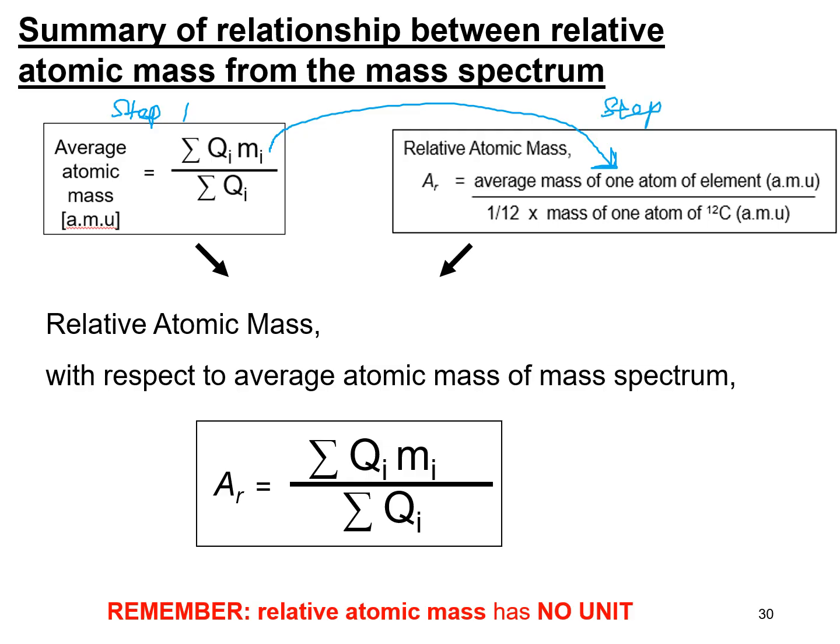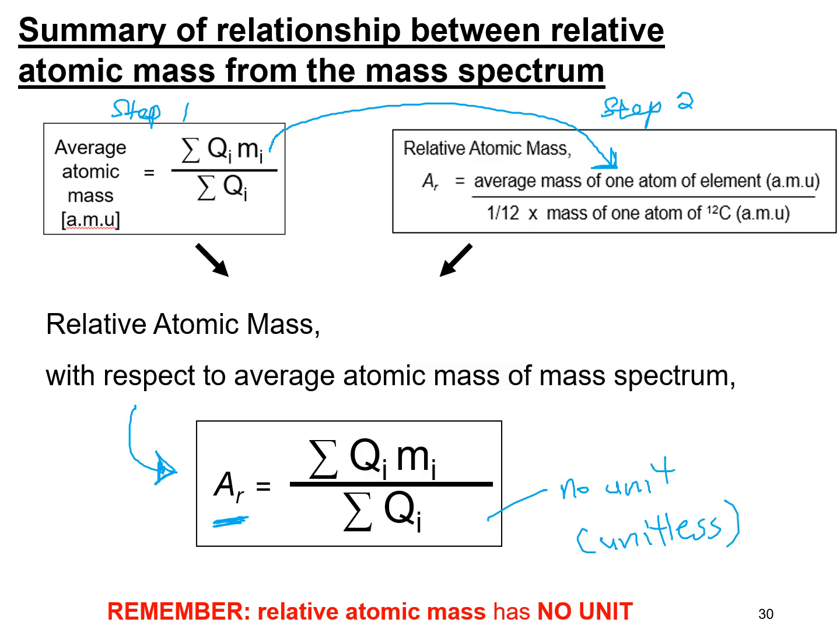Step kedua, you boleh masukkan dalam equation relative atomic mass terus kan. So, to conclude, relative atomic mass with respect to average atomic mass of a mass spectrum, we can conclude that AR, average relative atomic mass, is equals to average atomic mass, but no unit. Okay, but unitless.